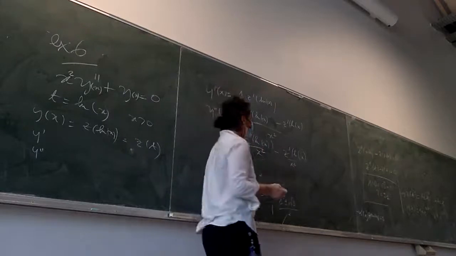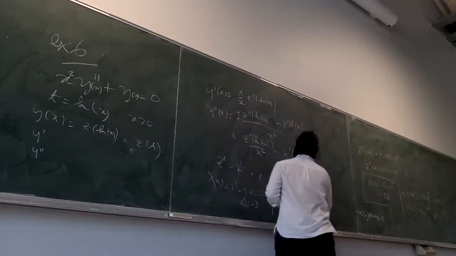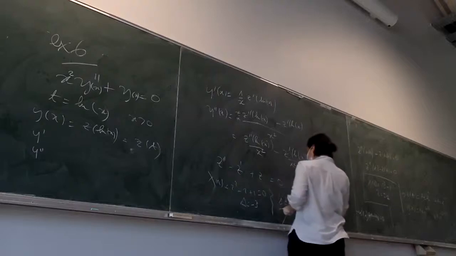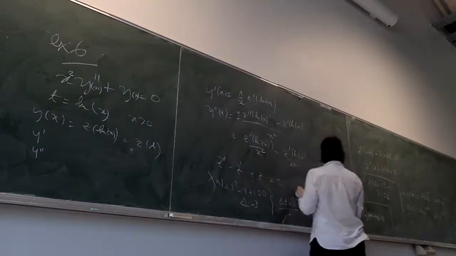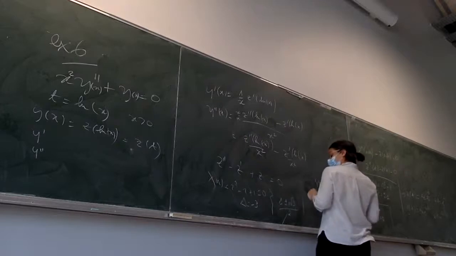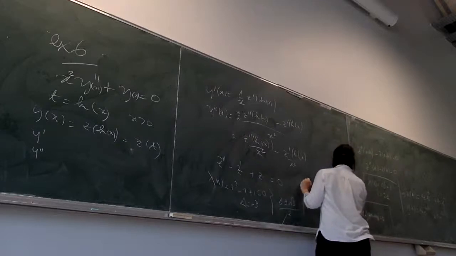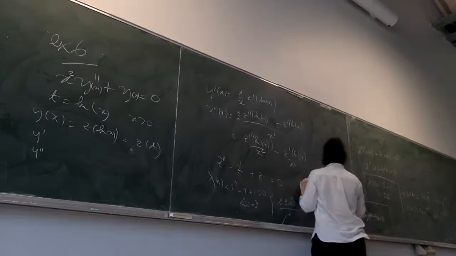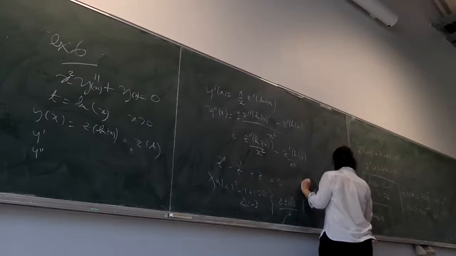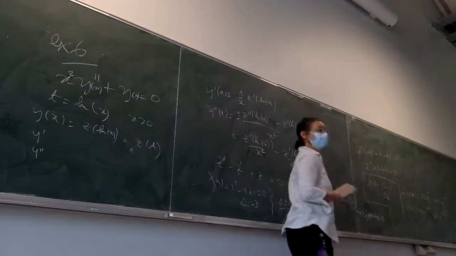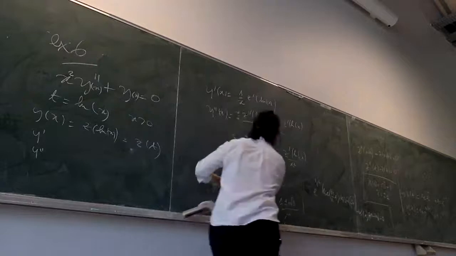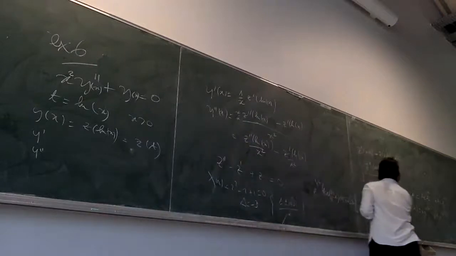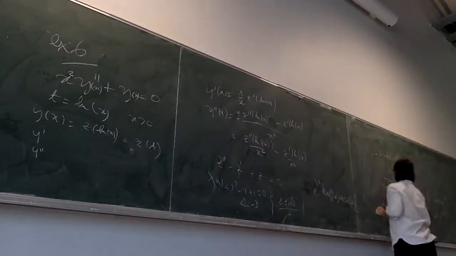And so you know that your solutions are exponential 1 over 2t times cosine of square root of 3 over 2 t k1 plus k2 sine of square root of 3 over 2 t. Okay, same idea as before, same stuff. I've got complex roots for my second order equation. So this is my solution.